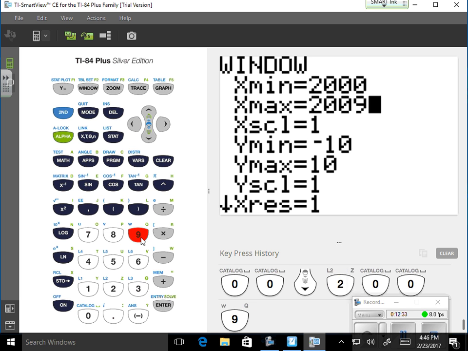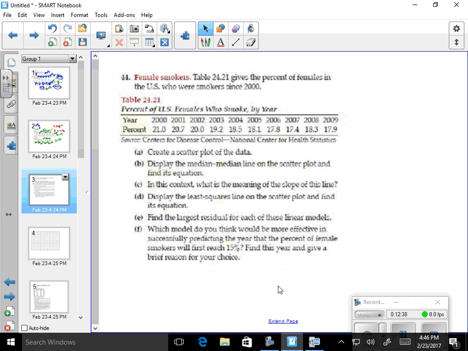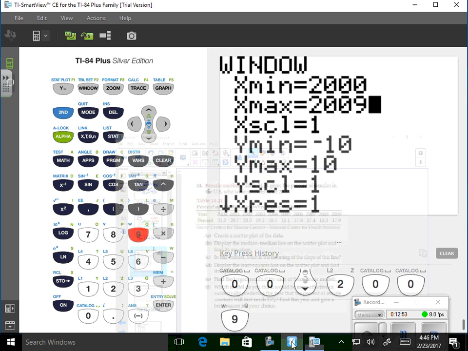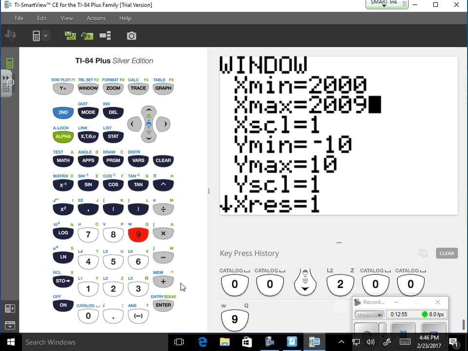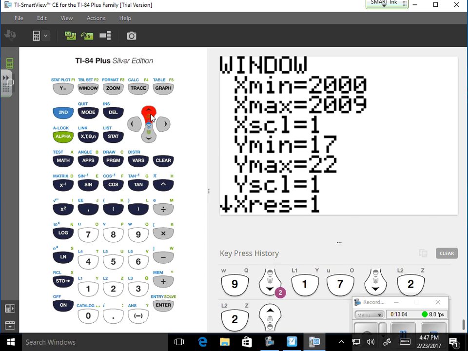My Y values range from a minimum of 17.4 up to the biggest of 21. So I'm going to go 17 to 22.